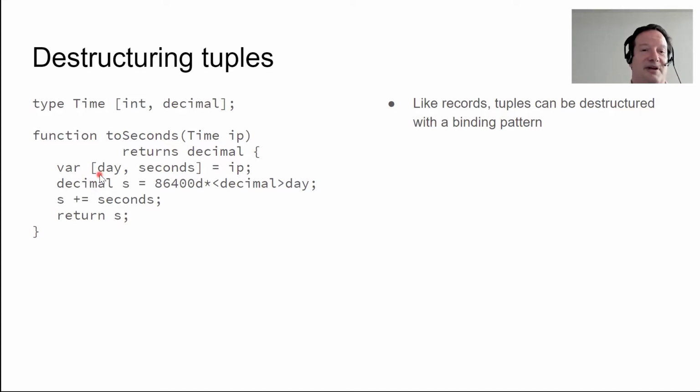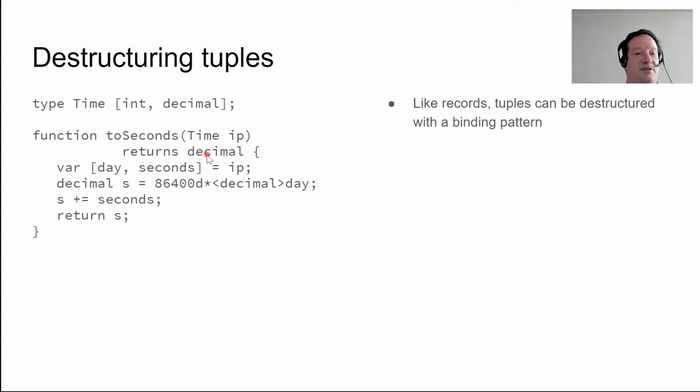So we can use a little binding pattern here. I can say, take this and destructure it into two variables. So this will make the day be an int and the seconds be a decimal. And this declares two variables and initializes them from this tuple. And then, the day's an int, so I need to convert it to a decimal, multiply it by the number of seconds in a day, add the seconds to it, and I'm done.